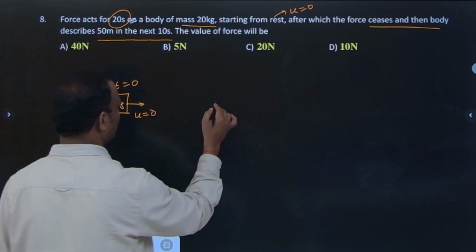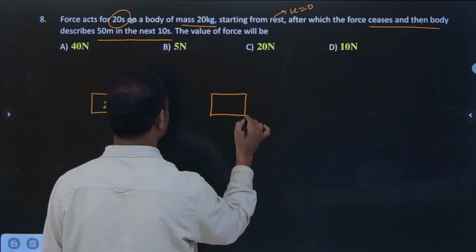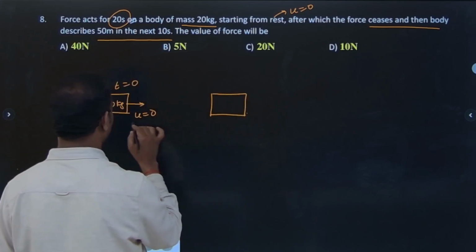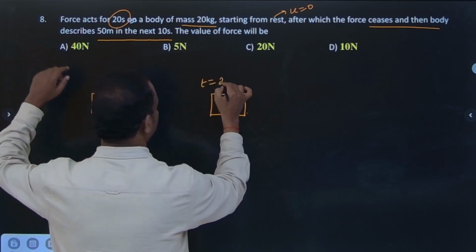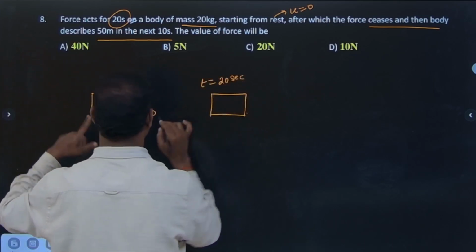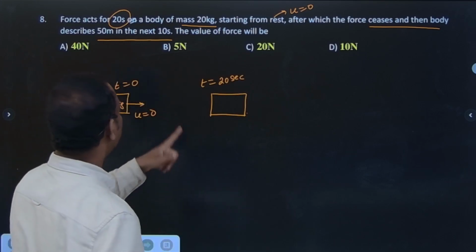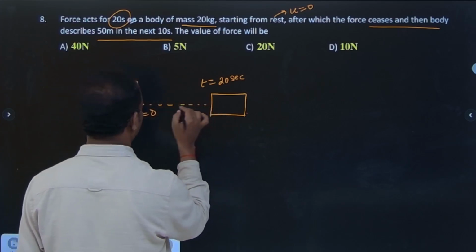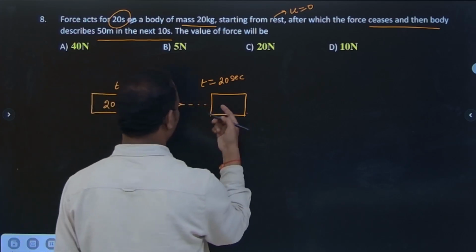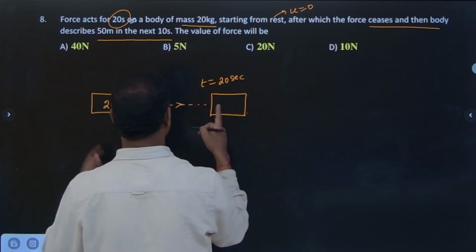Okay, it moved from here to here. Yes, so then in how many seconds? T is equal to 20 seconds. In 20 seconds it reached from here to here. Yes, so then what do you say? We need to find its acceleration. Correct, its acceleration. Whenever the force ceases from here, it acquired some velocity, no?